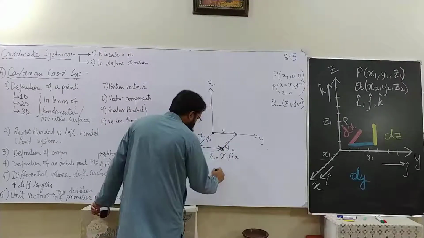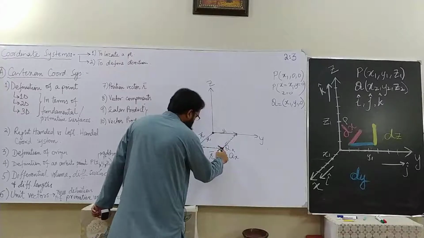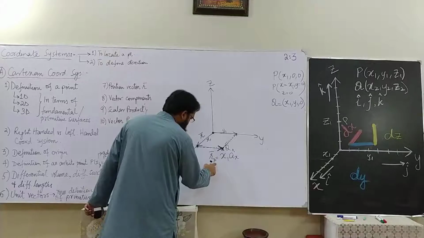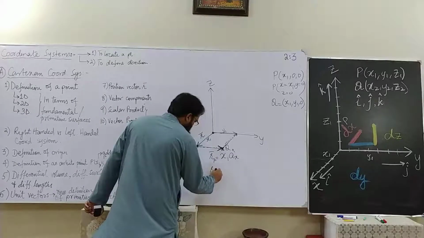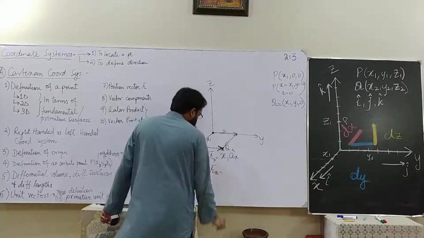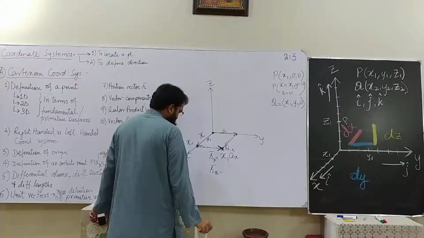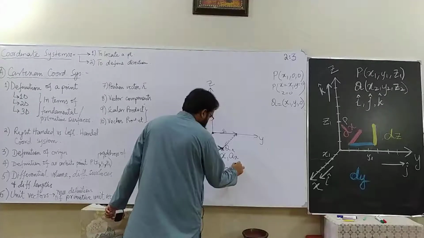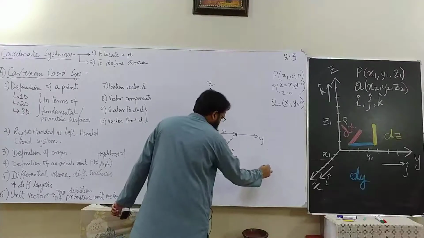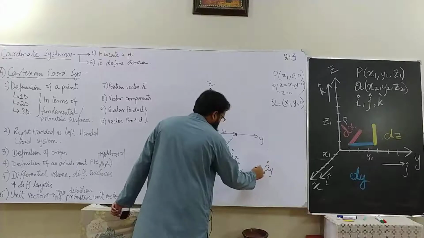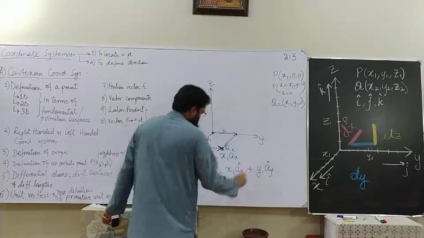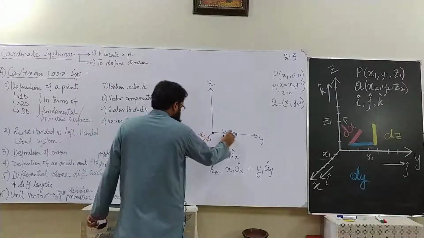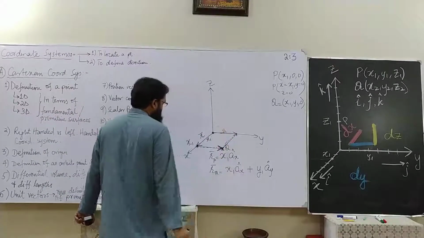So the position vector locating point Q will be achieved if you move in the direction of x, x1 units, and then move in the direction of y, y1 units. So add these two components together and you will reach this point.